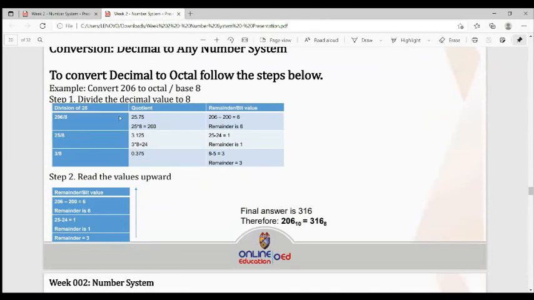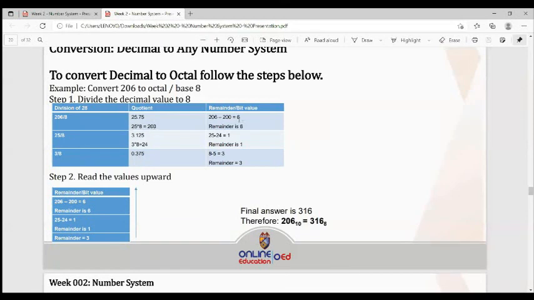Okay, so just like this one. 206 daw, i-divide mo sa 8. So the answer is 25.75. Then, kunin mo si 25. So, 25 times 8 is equal to 200. So, kunin mo ngayon yung original value na 206. I-subtract mo ngayon kay 200.